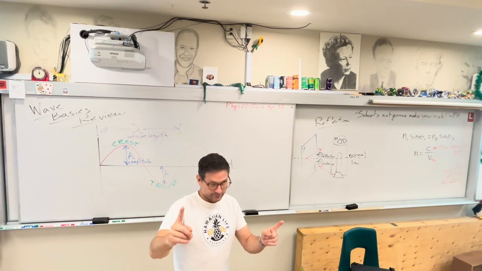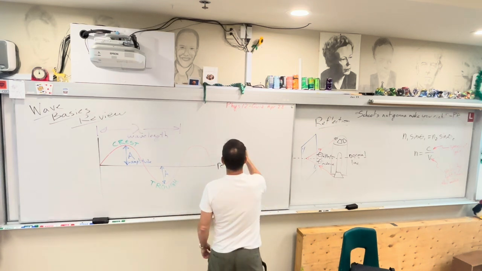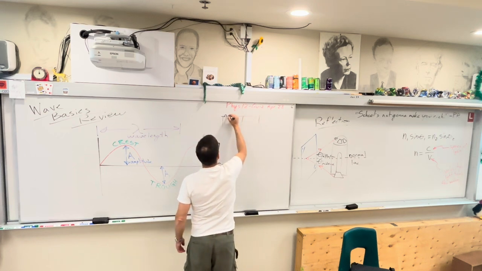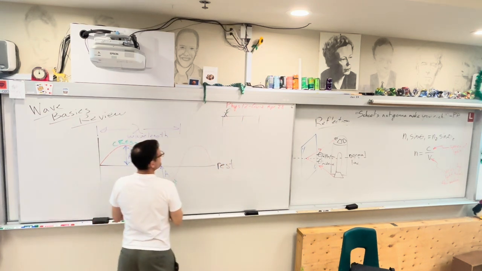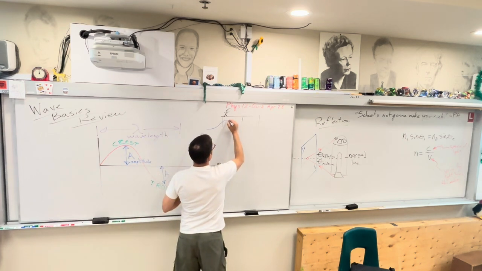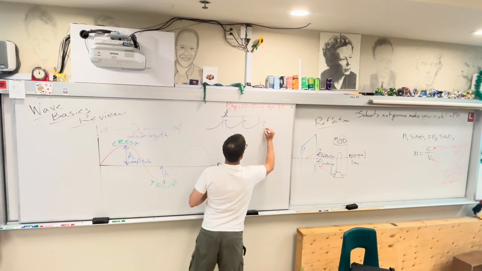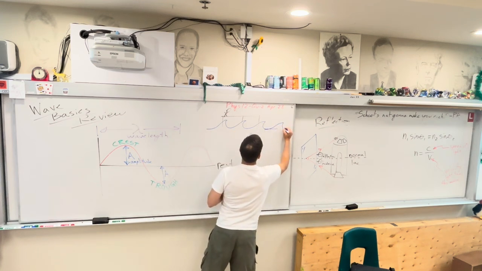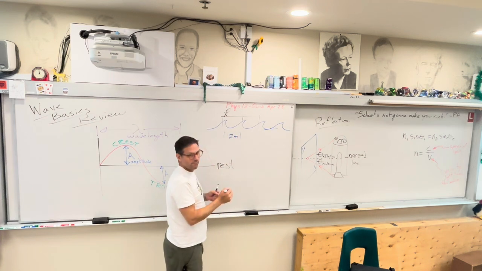So the formula is what? Let me draw. We're standing here on the pier, and you have the wave going by you. This is 2 meters. Okay?